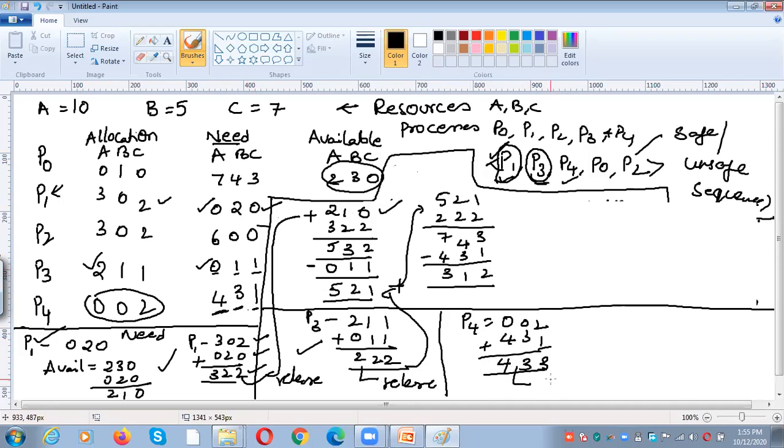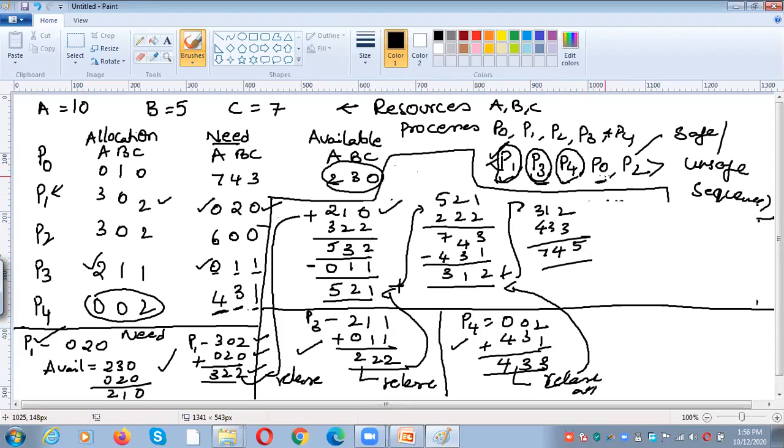It completes its execution and releases all the resources. Those released resources are added to 3 1 2. So what will be the value? 3 1 2 plus 4 3 3 gives 7 4 5. Okay, these are the available resources. So P1 completed, P3 completed, P4 completed.